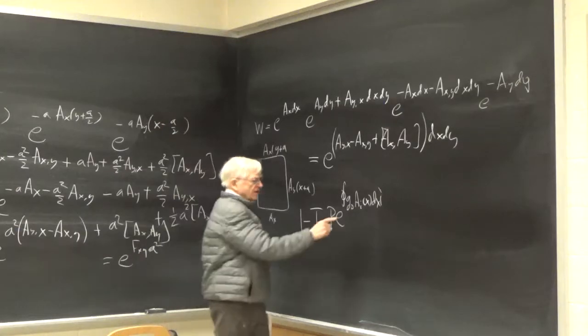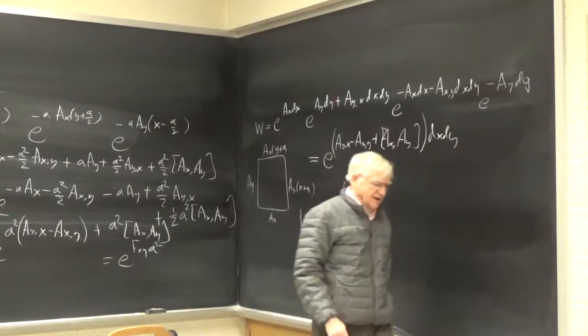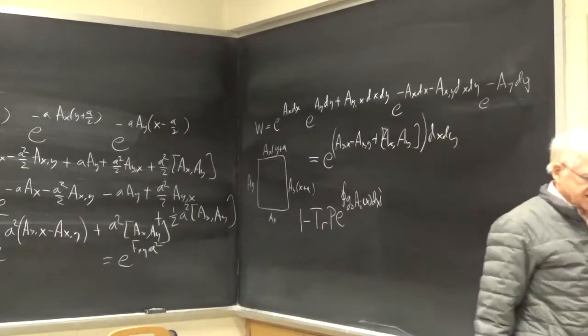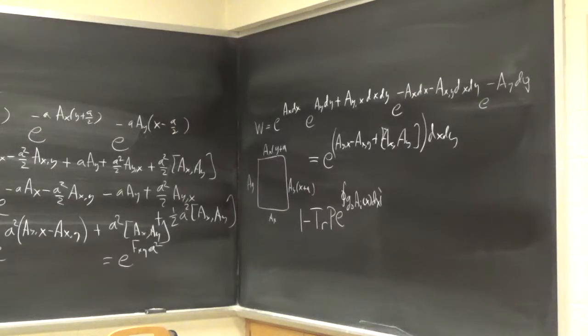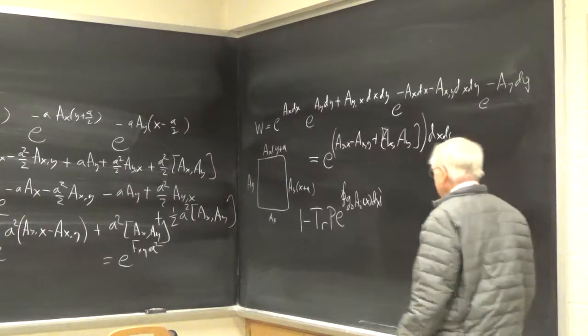And here I've been raising and lowering 4-vector indices, but we're in Euclidean space, so in effect all the signs are positive, and so we don't need to raise or lower anything.